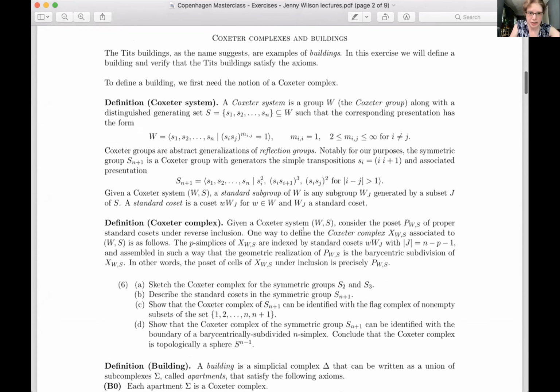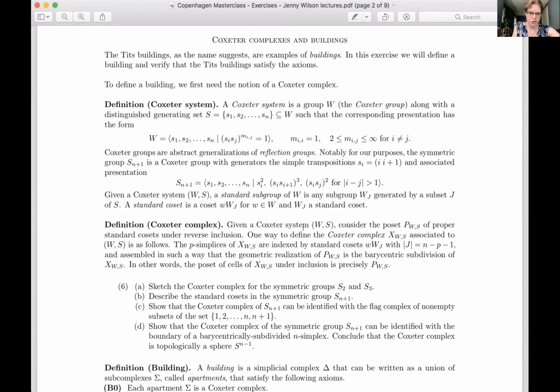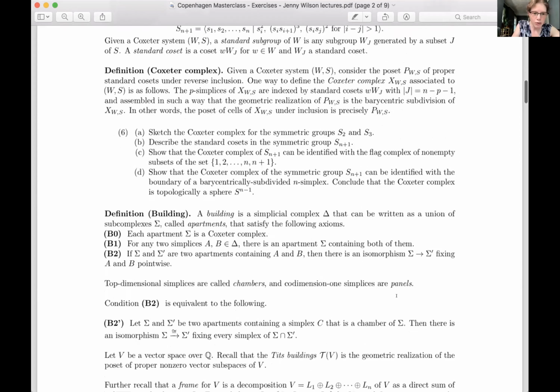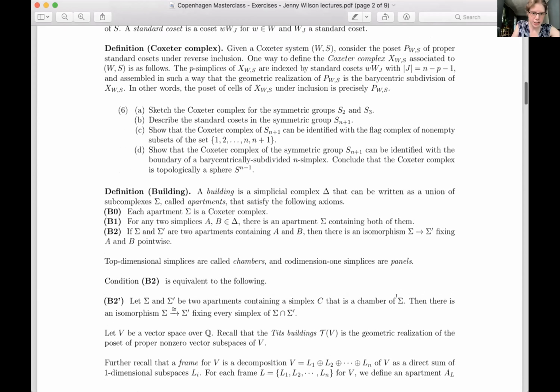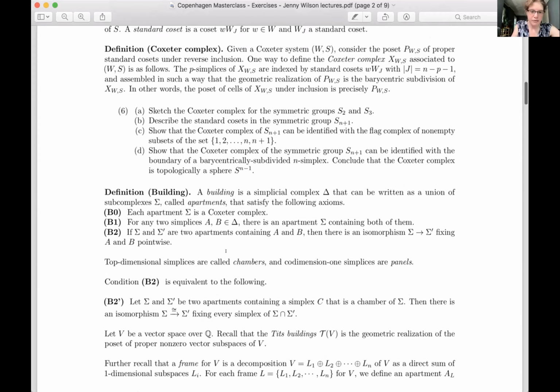But more directly related to the talk, the first exercise sequence is on the technical definition of what it means for something to be a building. And the goal is to guide you through the steps of verifying that the Tits buildings are in fact buildings. There are a few things to check to verify that.